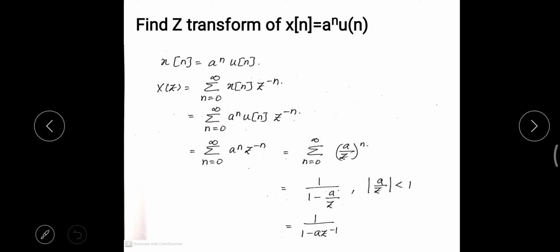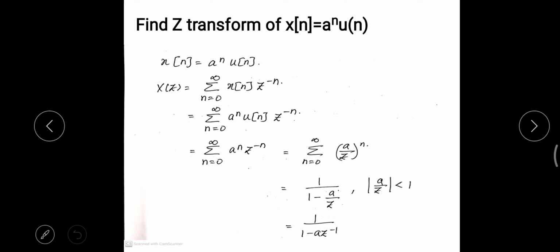Now I will start with a few examples of how to take the Z transform for any signals. Okay, first of all I have taken a causal signal. So I have considered x of n is equal to a power n u of n. As per the Z transform formula we know that X of z is equal to summation n is equal to minus infinity to plus infinity x of n z power minus n.